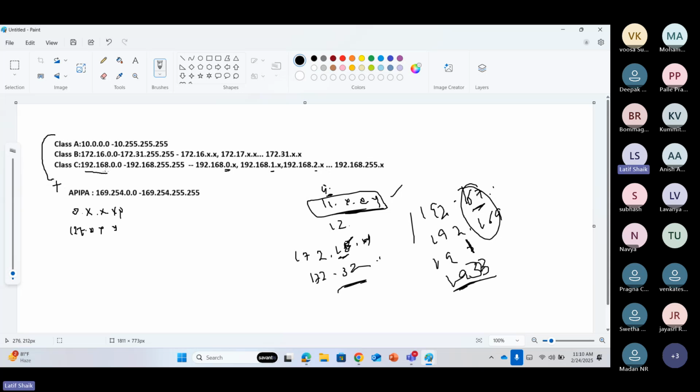Of course, the third octet can be whatever it is. 192.168 means private, 192.169 is public, 192.167 is public, 193 is public, 191 is public.